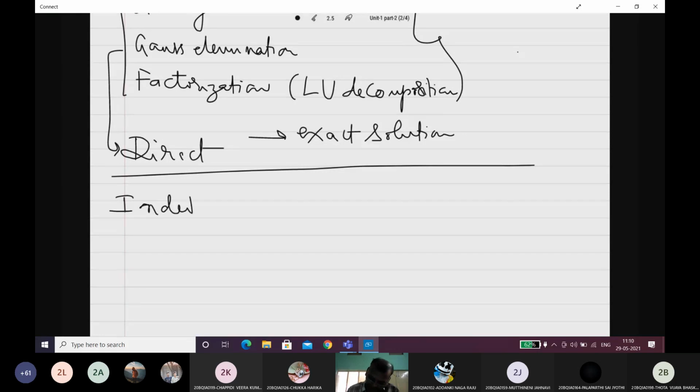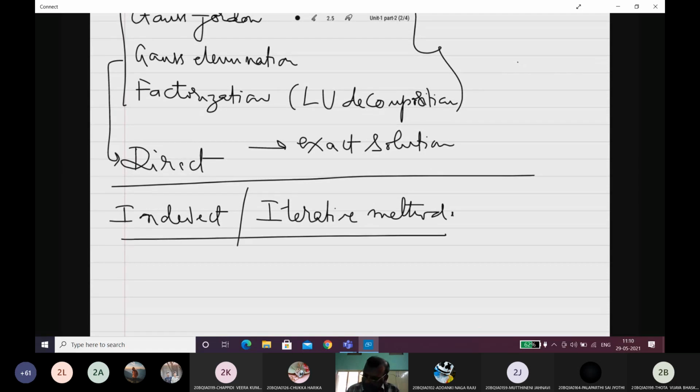Indirect methods or iterative methods use a better approximate solution of the given system of equations.